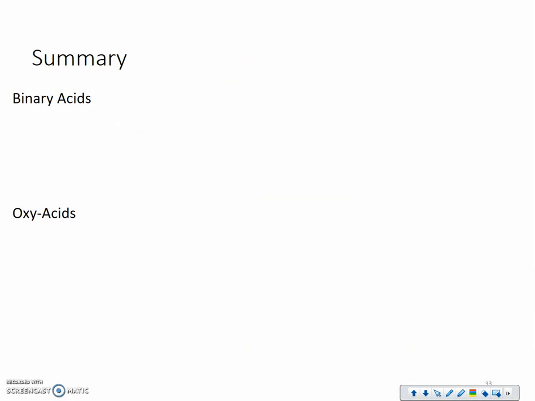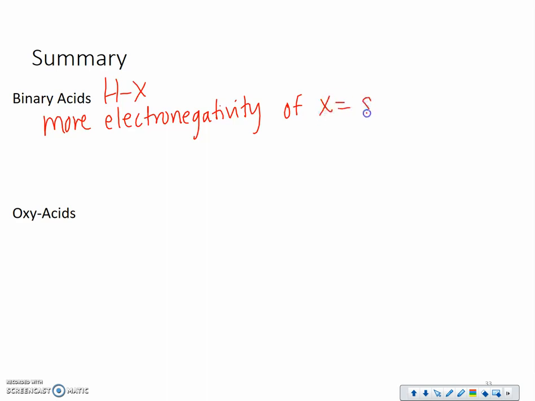So in summary, our general trends for a binary acid, which has the structure H with just one other element attached: the two things that you're going to look for are the electronegativity of X, so the more electronegative, the stronger the acid.